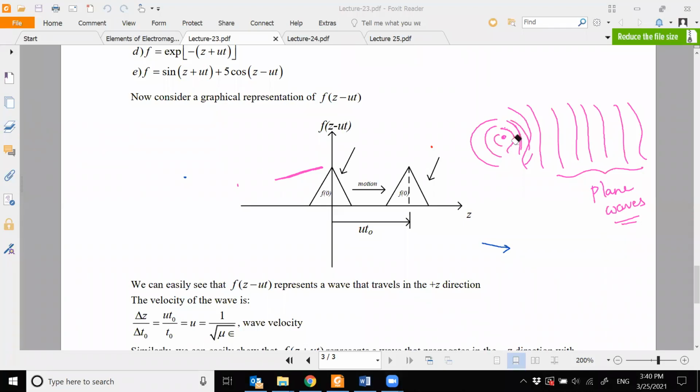These are called circular waves. In our Cartesian coordinates, this cannot be treated as a plane wave. We have to look at it in spherical coordinates to understand that. But in the Cartesian coordinates, it's difficult to say that they are plane waves. So these are the plane waves.